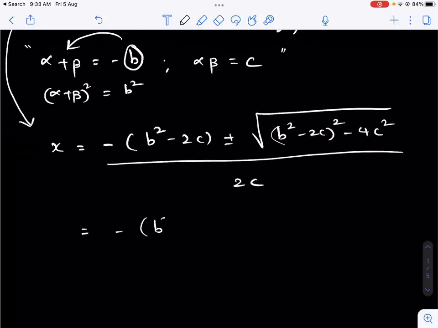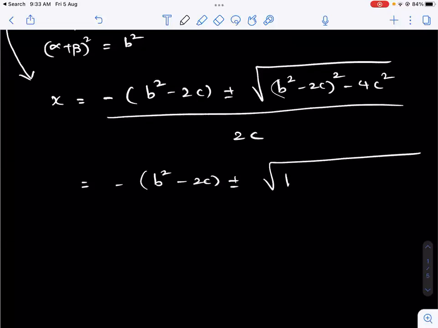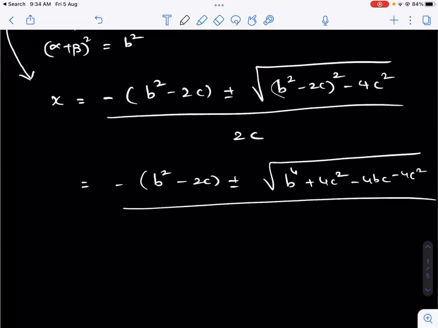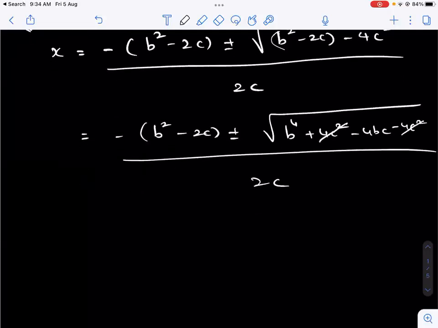So it is minus (b square minus 2c) plus or minus root of, let's solve this, b power 4 plus 4c square minus 4b square c minus 4c square, the whole divided by 2c. So 4c square and 4c square will get cancelled.